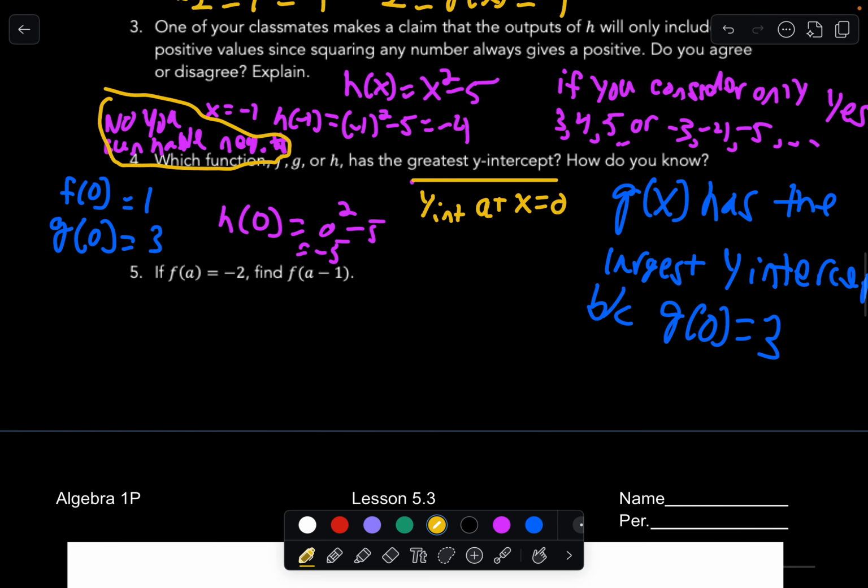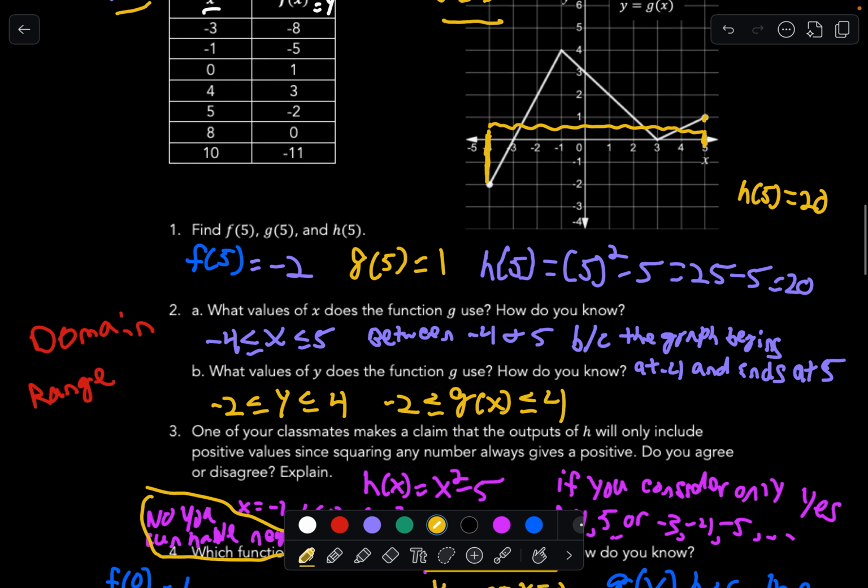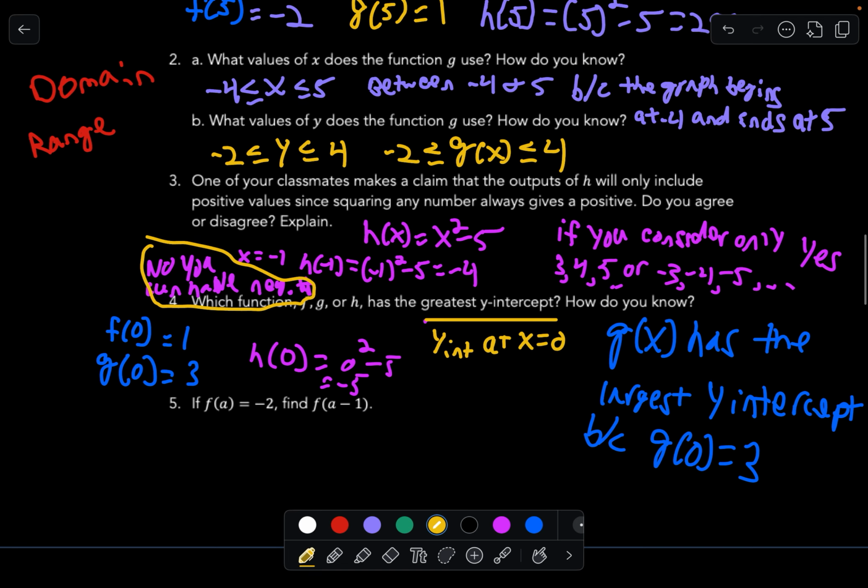Okay, the last thing: if f of a equals -2, find f evaluated at a minus 1. So this is a little bit weird. They're saying the output of f equals -2.